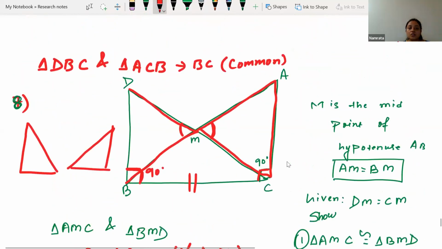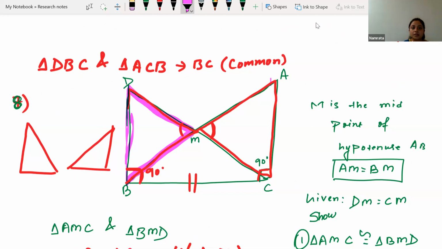Here we were talking about these two triangles. Let me take another color. Initially, we were talking about these two triangles, this pink triangle and that pink triangle.